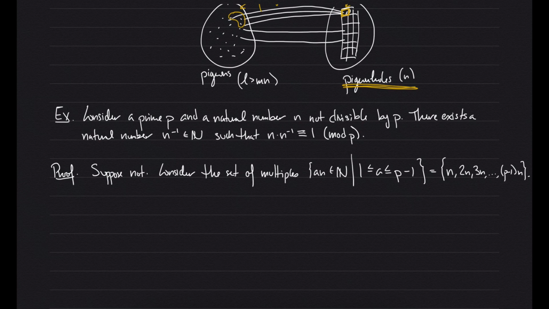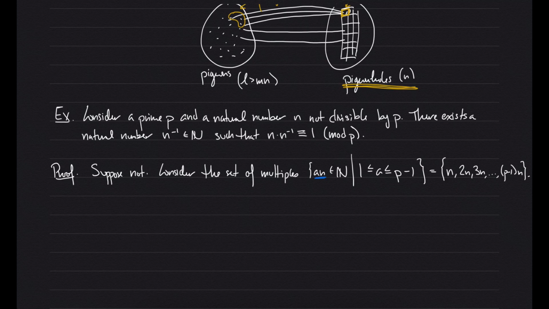Okay, you might ask yourself, why are we doing this? Well, it's because we want to show that one of these an's is 1. We're going to show that one of the a's is the inverse of n. It maybe takes a bit more intuition of modular arithmetic than might be apparent to you at this point in the class.